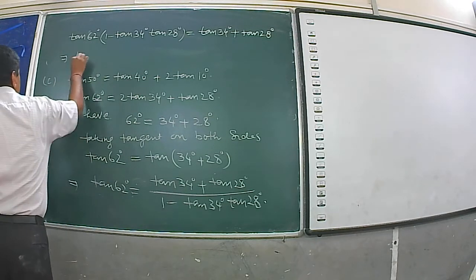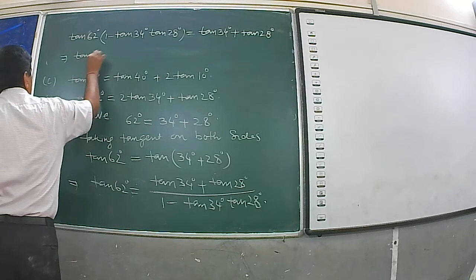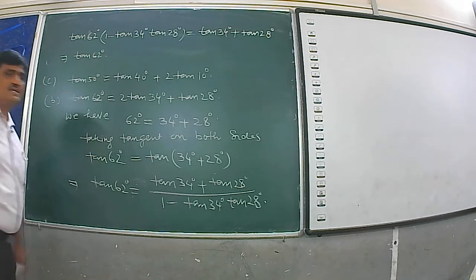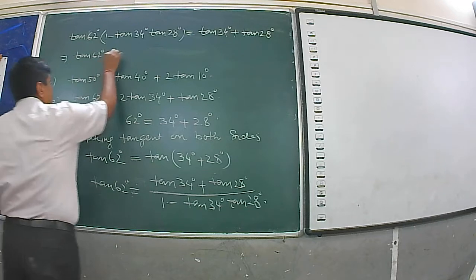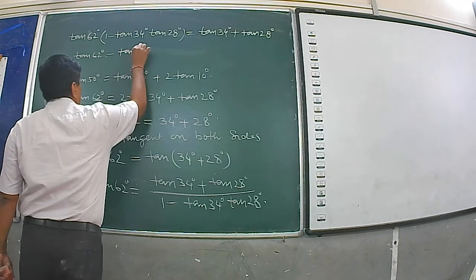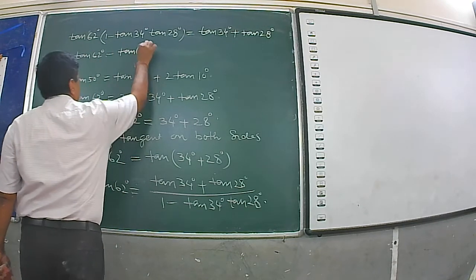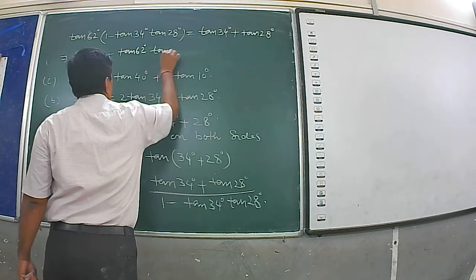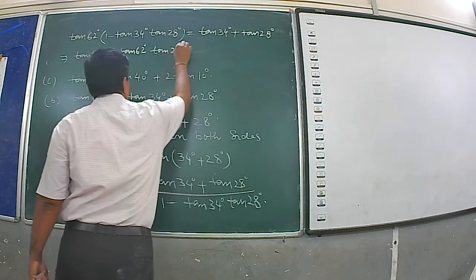This implies that tan 62 minus tan 62 tan 34 tan 28.